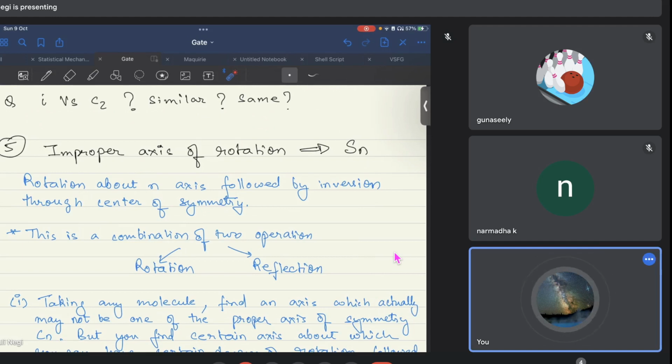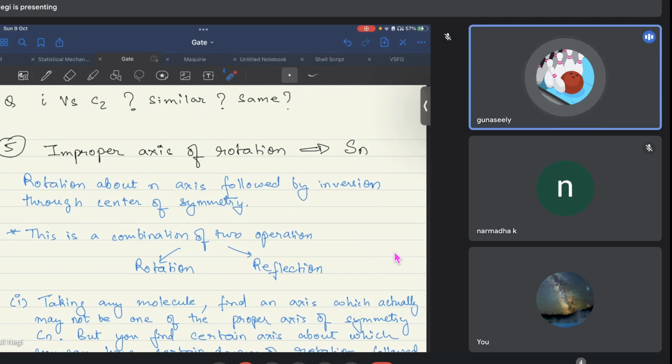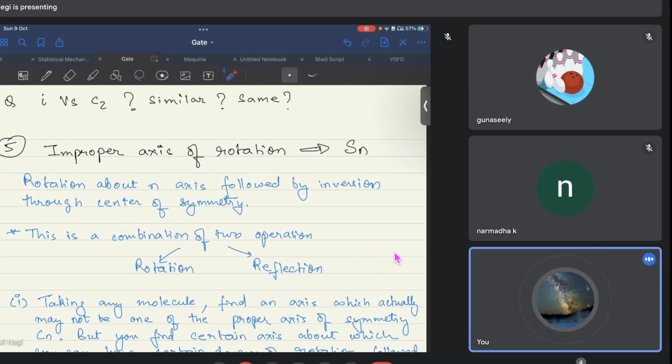So Gunasili, what do you think? In H2O, the C2 operation is different from I. In the H2O molecule, so C2, okay, and actually in H2O, is there I?